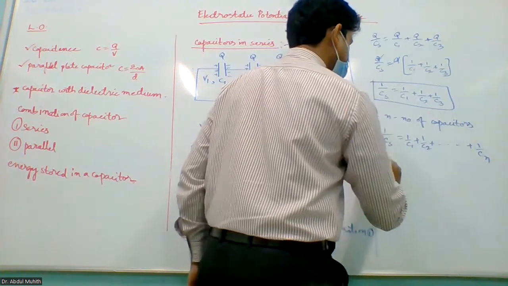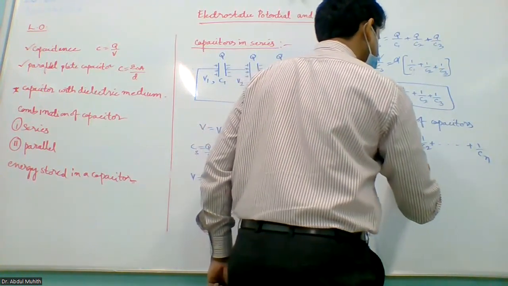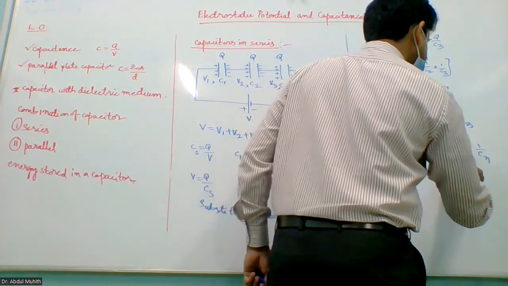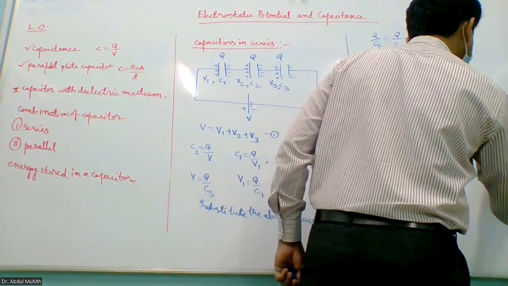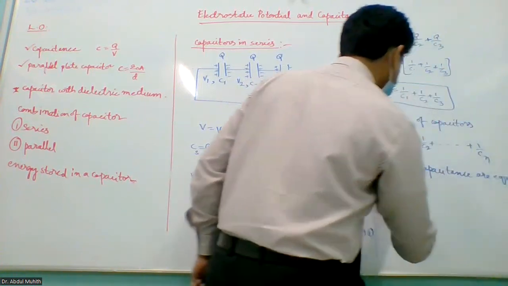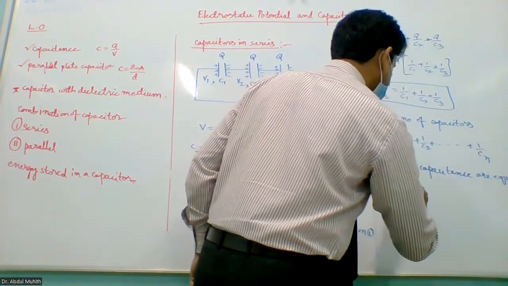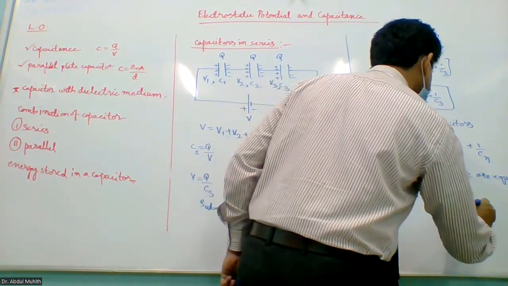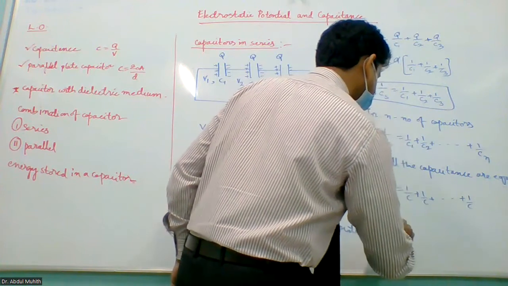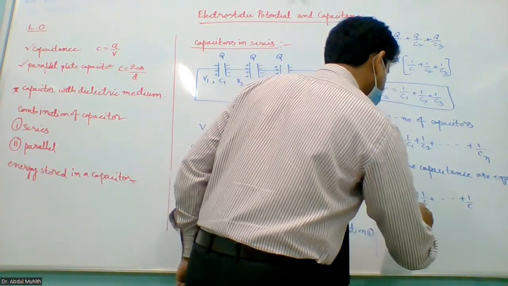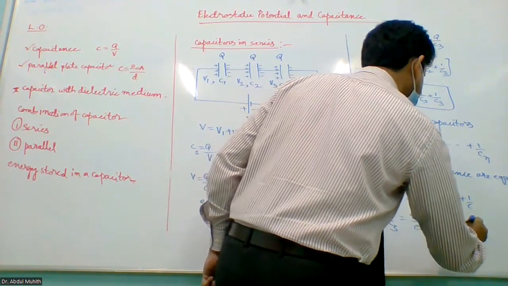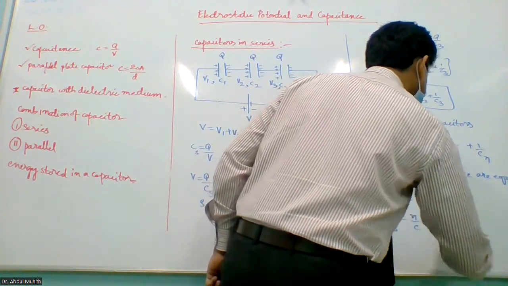Now if all the capacitors are equal, what will be the formula? 1 by Cs is equal to 1 by C plus 1 by C plus up to 1 by C. So 1 by Cs will be equal to n by C. So Cs is equal to C by n. Understood now? Cs is equal to C by n.